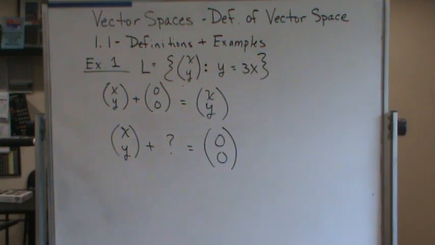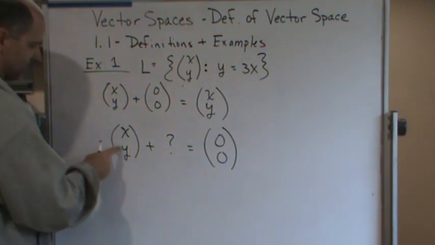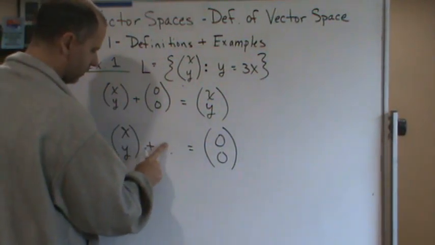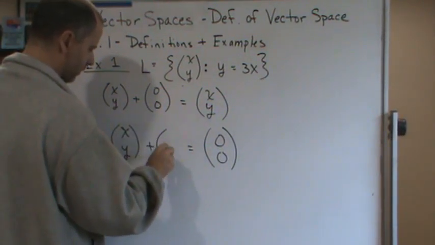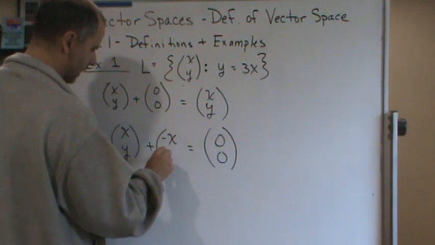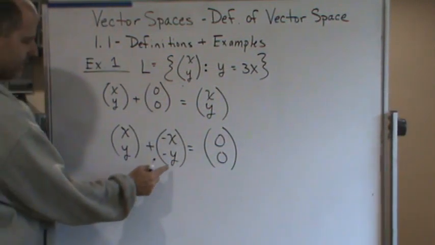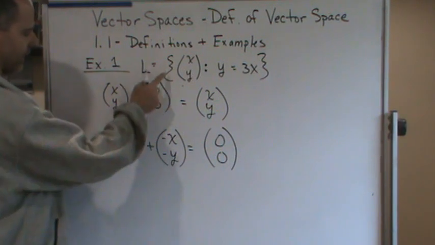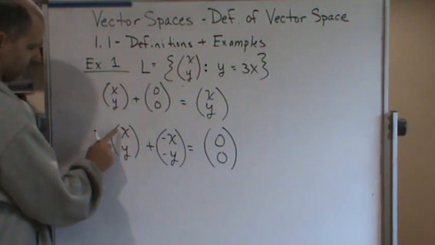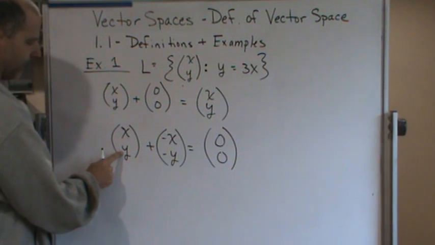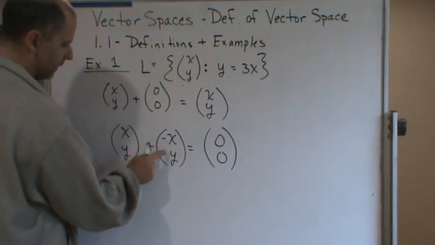Because I could take the opposites of these, negative x and negative y. And notice that this is still in L, because if y is 3 times x, if they're negative, it's still 3 times.